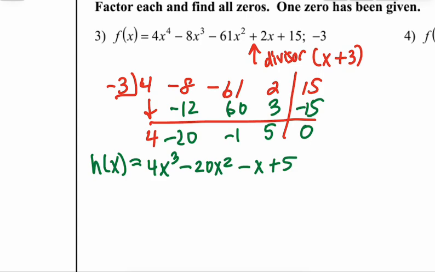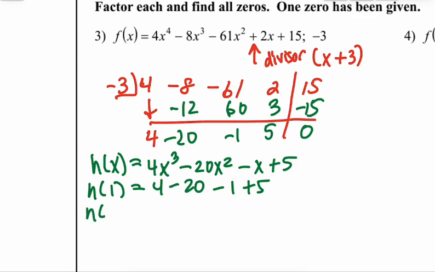Positive 1 and negative 1, positive 5 and negative 5. So I really have 4 things to check that will give me nice numbers that go into 5. So I would always check 1, negative 1 first. If you plug in 1, you get 4 minus 20 minus 1 plus 5. That's definitely not 0. Negative 1, not 0.